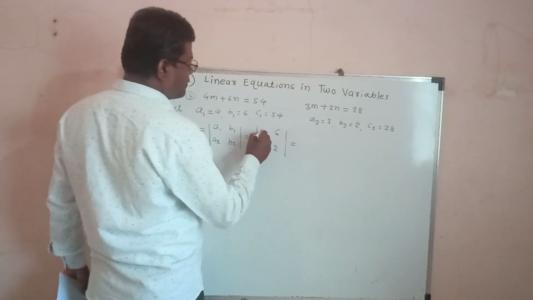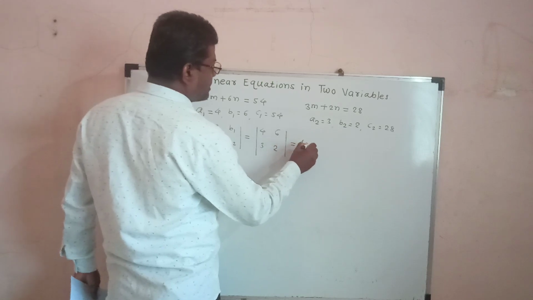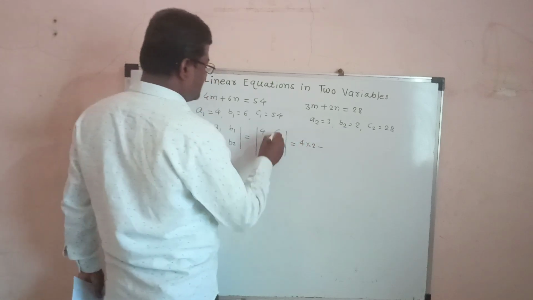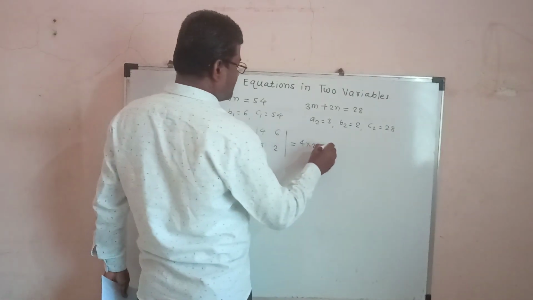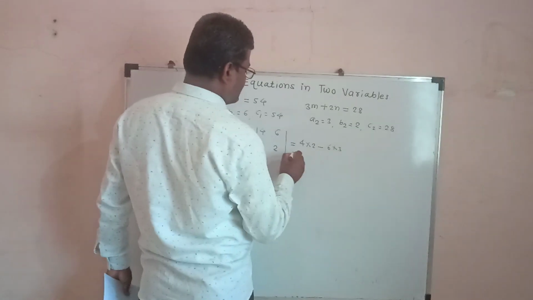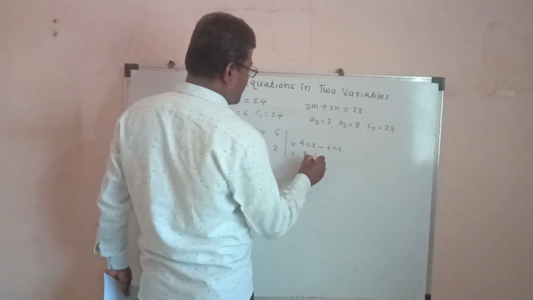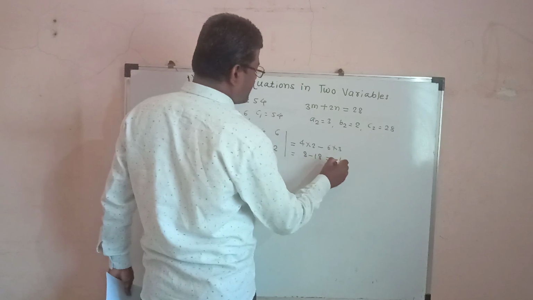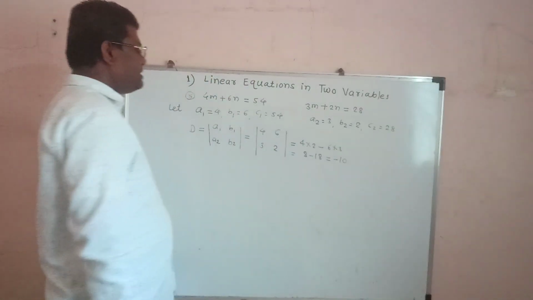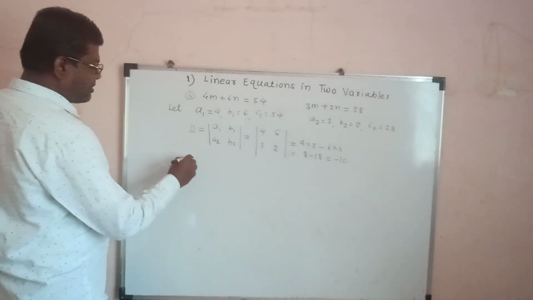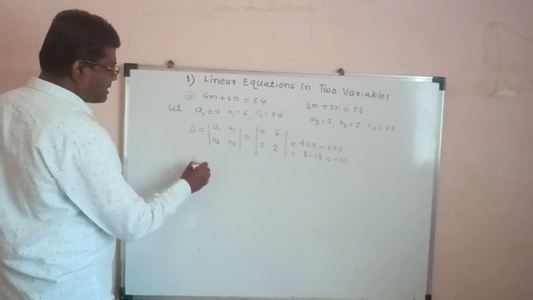So we get 4 into 2 minus 6 into 3. 6 into 3 is 18, so 8 minus 18 is equal to minus 10. This is the value of determinant D.